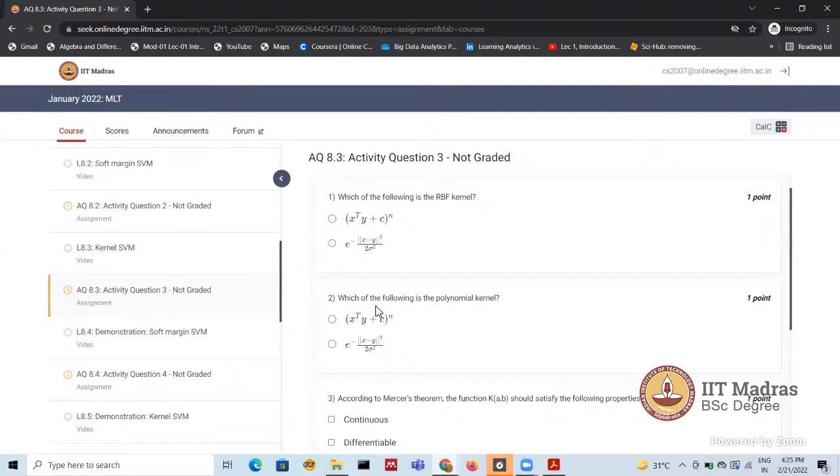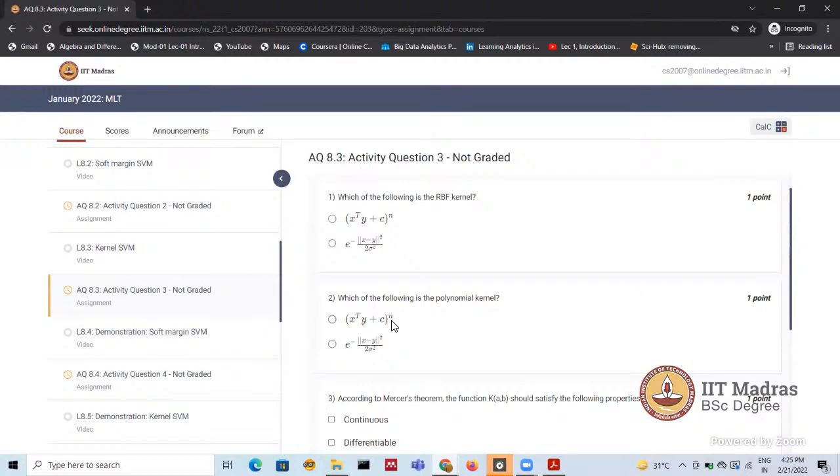Is my question clear? Are you asking about the second problem? Consider any of the problems, say the second problem. This is the polynomial kernel, right? I give you two choices. First, if I make this C 0 and n equal to 2, we will have one sort of polynomial kernel.